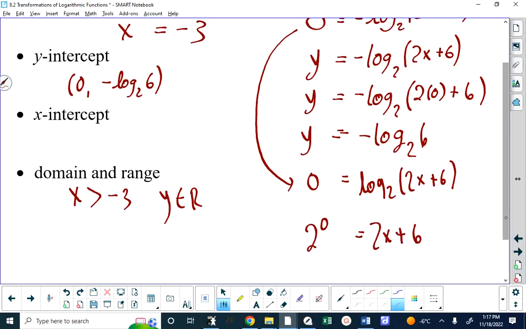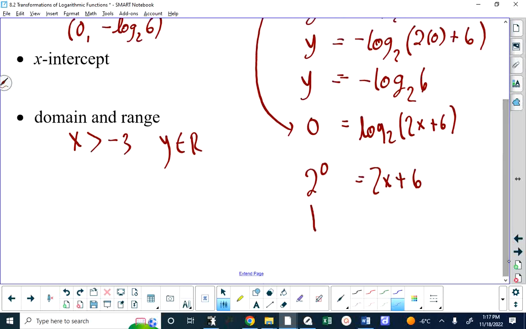And now it's a simple thing. 2 to the 0 is 1, so we end up with 1 equals 2x plus 6. You can solve that for me now. Subtract 6 from both sides and divide by 2, and you get negative 2.5, I think. So the x-intercept is negative 5/2, 0.